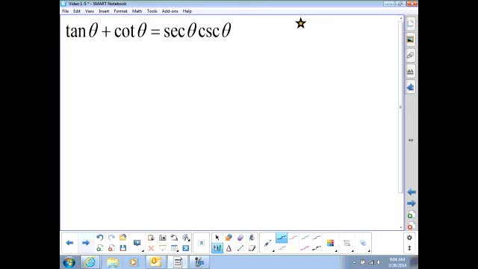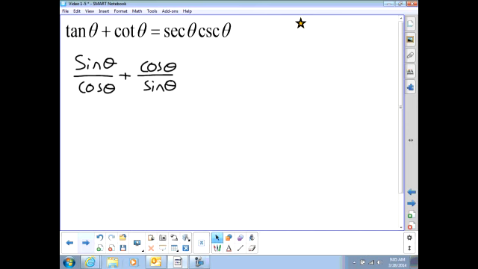Next, we got tan theta plus cotangent theta equals secant times cosecant. Well, we know tan theta is sine theta over cos theta. That's one of our quotient properties. And cotangent is cos theta over sine theta. Notice now we're adding fractions. When you're adding fractions, you want to get a common denominator.